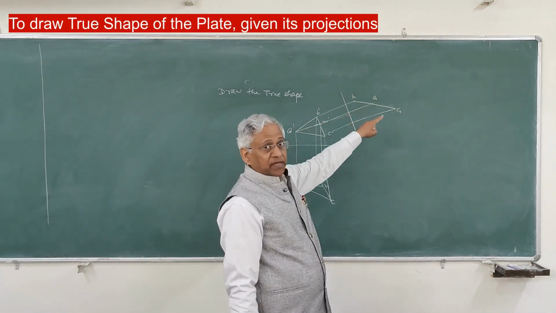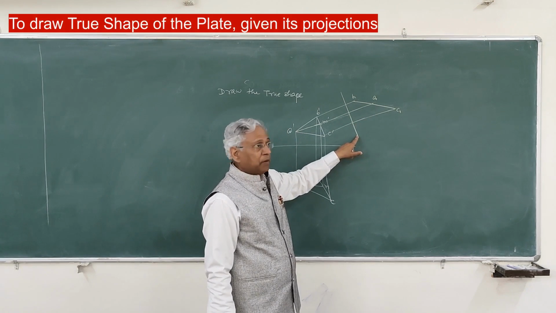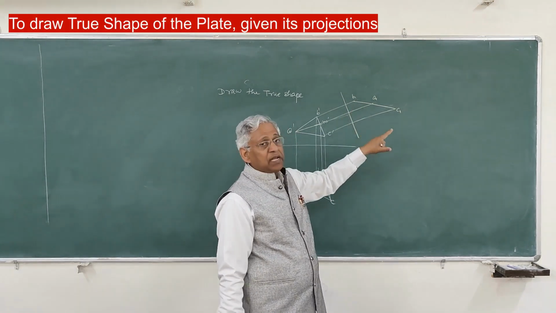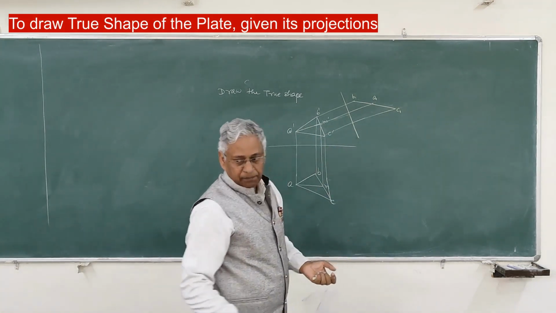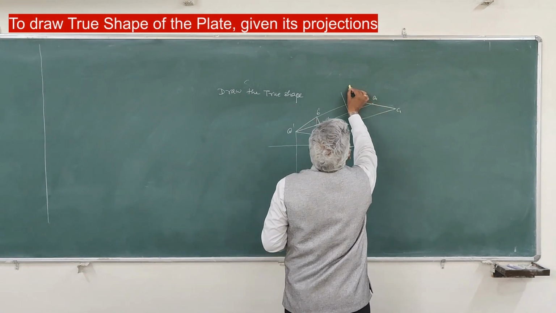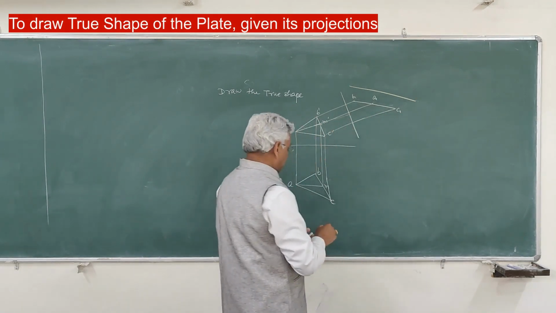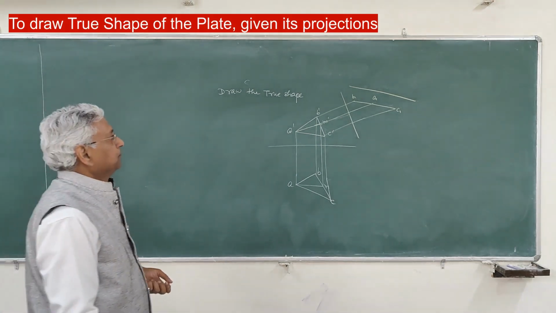Now you take another plane which is perpendicular to this plane. Okay, perpendicular to this plane, and that plane will be parallel to the plate. So take a plane here parallel to A1, B1, C1.